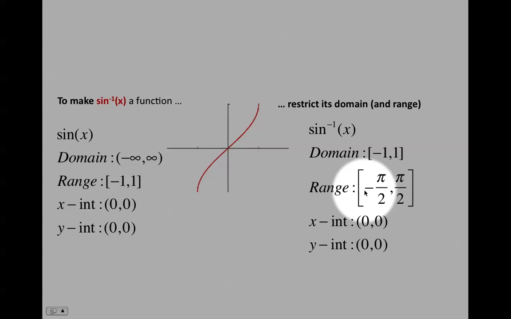For its range, now it's a little bit different. It doesn't go all the way up to negative infinity and positive infinity. It is restricted at -pi/2 and pi/2. And then finally, the x-intercepts and the y-intercepts are still the same.